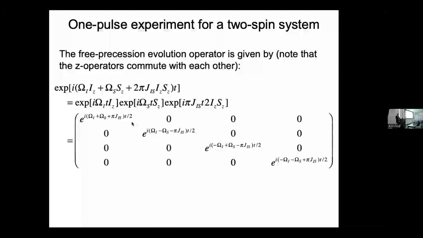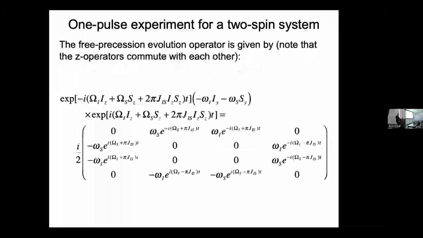And remember, this is the density operator. To find the NMR spectrum, we have to take the product with the detection operator and then take the trace.